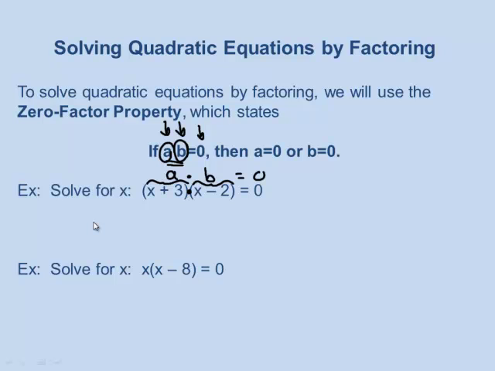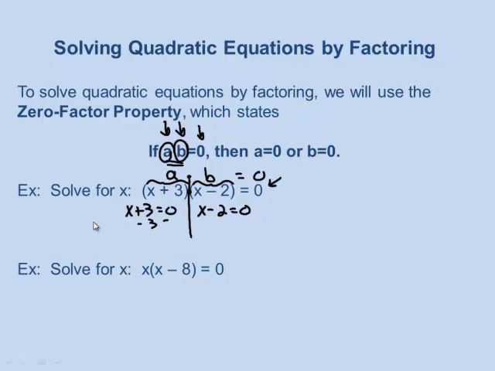Now, zero factor property says, in order for that equation to be equal to 0, and it needs to be because that's what it says, then either A is equal to 0, or B is equal to 0, or they could both be equal to 0. So we're going to say exactly that. Either x plus 3 has to be equal to 0, or x minus 2 has to be equal to 0. Solve each of those equations for x, and you'll have solutions for x.